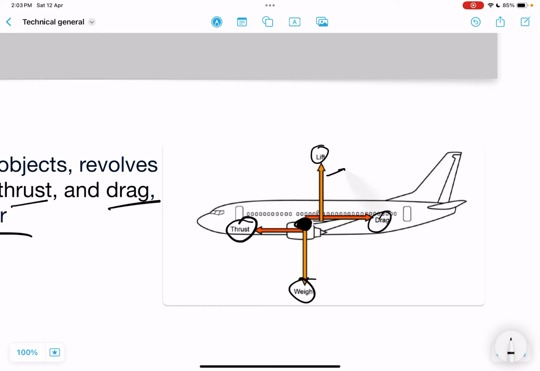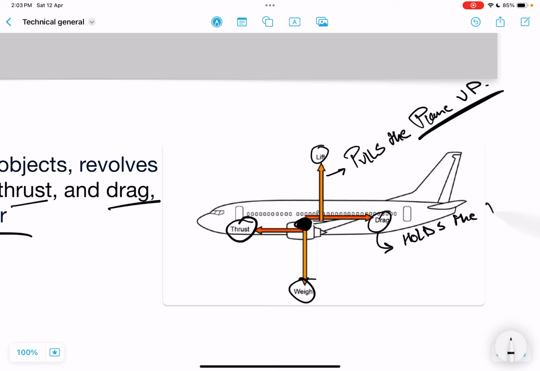Lift is something that pulls the plane up. Drag is what? Holds the plane back.